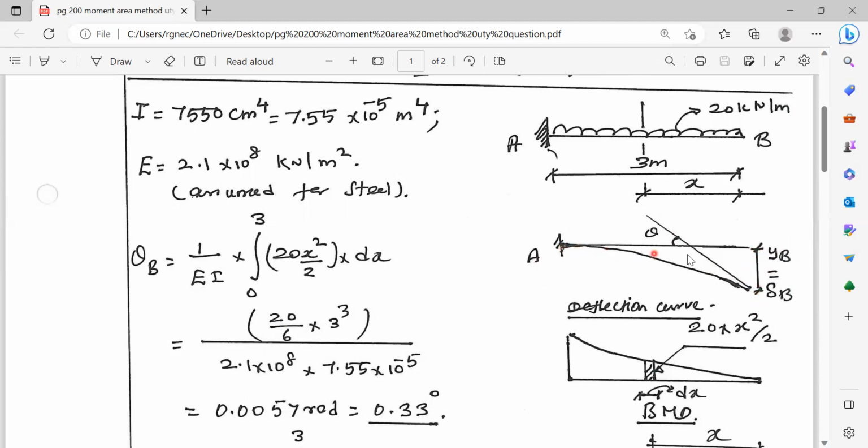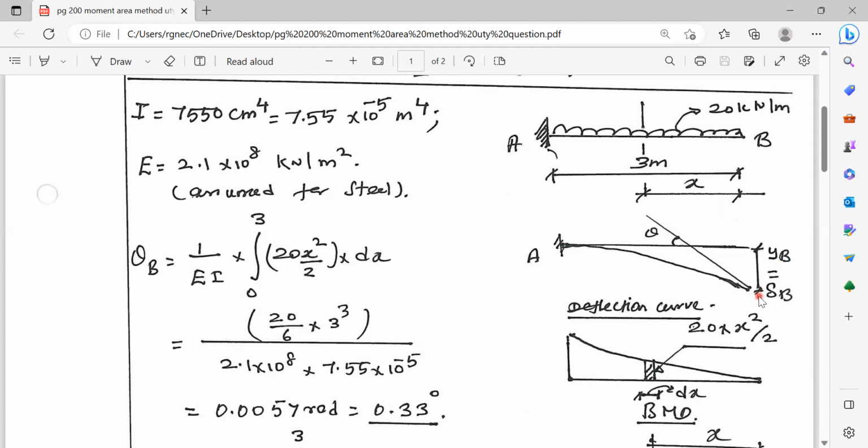This is one tangent drawn from A. This is another tangent drawn from B. The vertical intercept between the two tangents, YB, is given by Mohr's theorem, which happens to be equal to delta B, the deflection at the point B. And since YB is the intercept we are interested in, we have to take the moment of the area of the bending moment diagram about the point B.